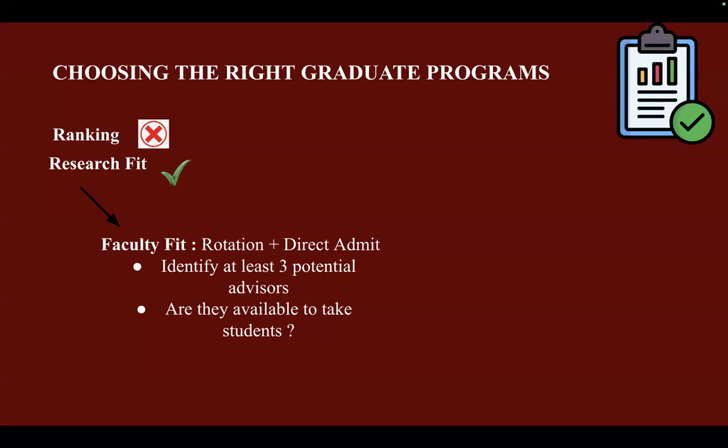You present on behalf of that lab. If there are opportunities, you contribute to manuscripts, and you get used to the idea of whether that lab is actually a good fit for you. And then at the end of your first year, you make a choice about which lab you want to be in.